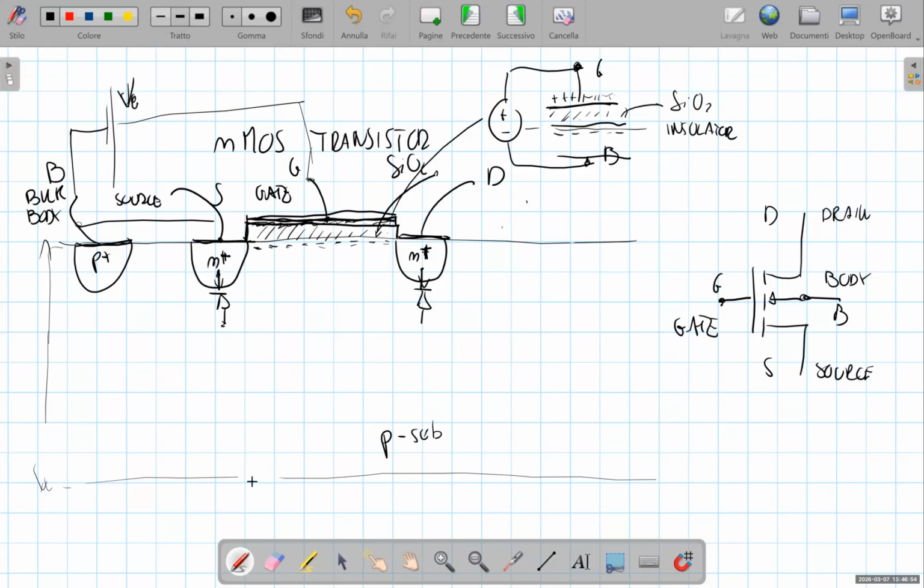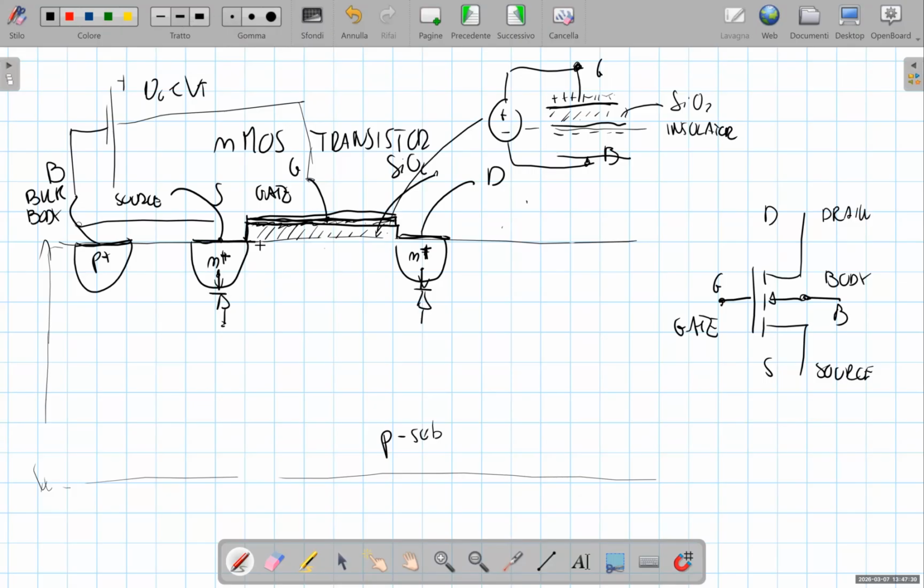If the voltage between the gate and the source is not applied, actually we will see, if the gate voltage is less than a certain quantity that is related to the technology, which is called the threshold voltage, this conductive channel is no longer there, and there is no conduction between the drain and the source. This is, in short, the physical principle which is exploited in an MOS transistor.